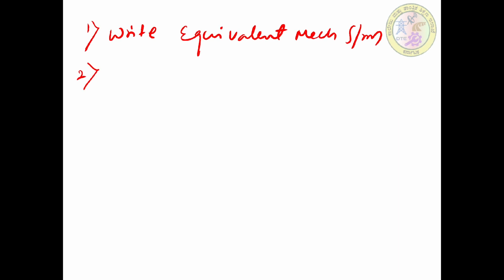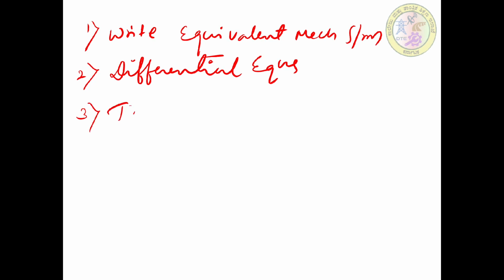Once we write the equivalent mechanical systems, we have to write differential equations. The number of differential equations will be equal to the number of nodes identified in the system. After writing the differential equations, take Laplace transform on all those equations.